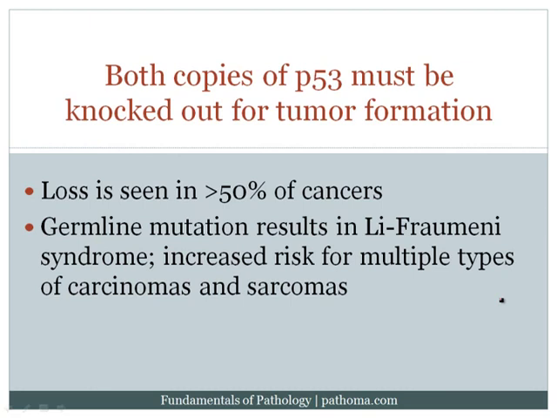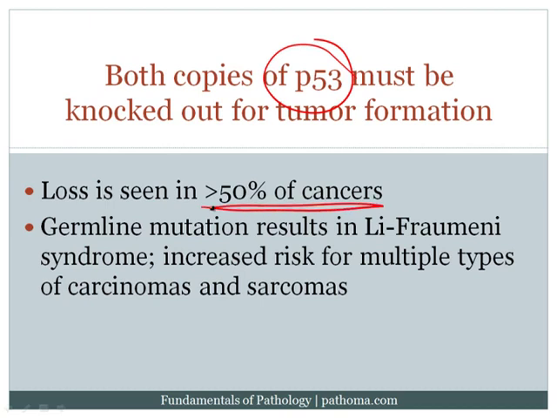And so the only way to develop tumors is to knock out both copies of P53. And that's called Knudson's two-hit hypothesis. All right? The notion that both copies must be knocked out is called Knudson's two-hit hypothesis. Now, loss of P53 is seen in more than 50% of cancers.